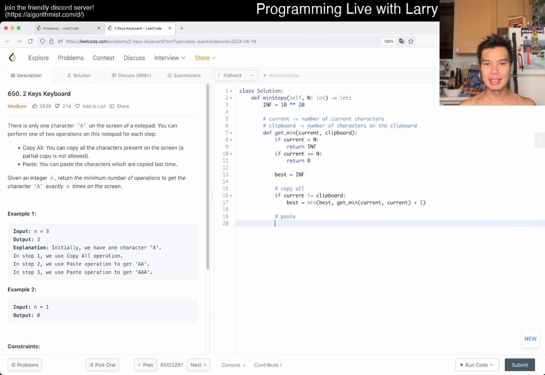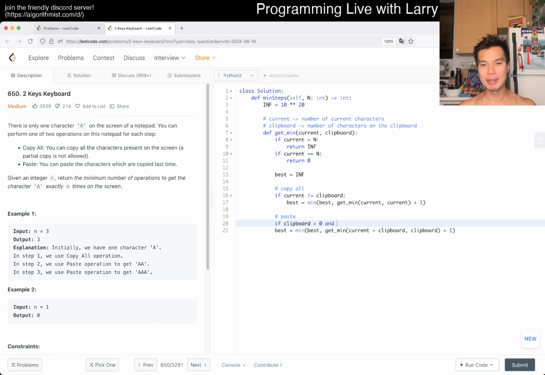Otherwise you can paste, and best is equal to min of best and get min of current plus clipboard, with clipboard still the same, plus 1. And that should be good. We'll make it slightly faster by saying that if clipboard is greater than 0, for obvious reasons, because that's where we start anyway.